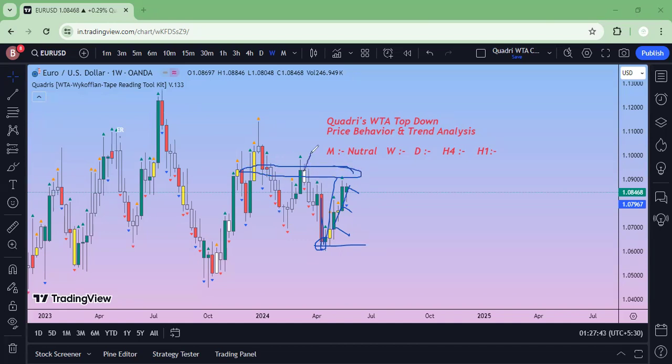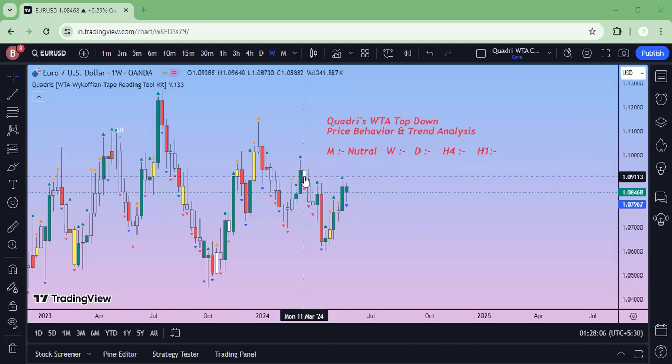But this area in general holds a no demand point. Why a no demand point? Because after the continuation of the price, after the strength, we see no demand. So these areas are of utmost importance.